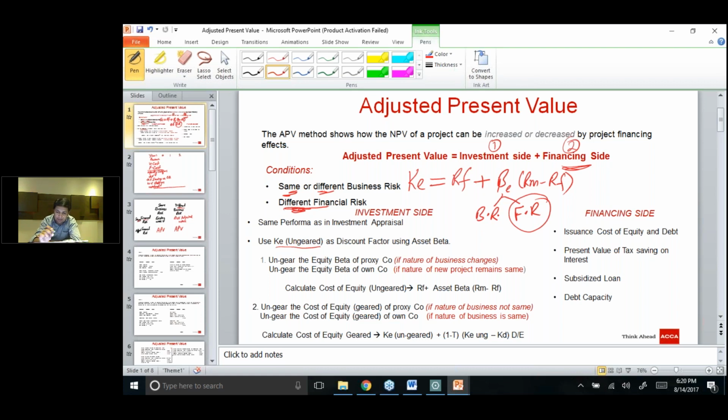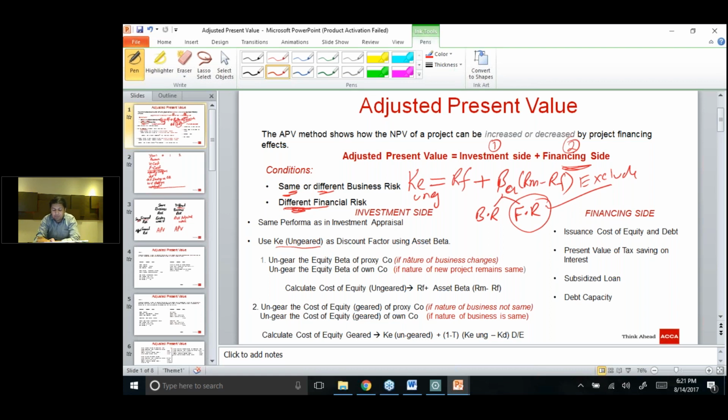So in the investment side, it is the same proforma as in investment appraisal, but you will have to use the ungeared cost of equity as the discount factor. How are you going to calculate the ungeared cost of equity using asset beta?